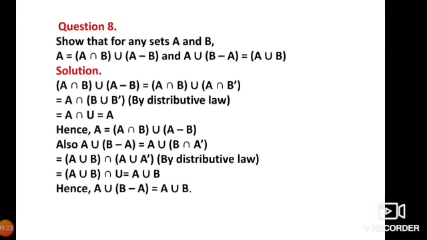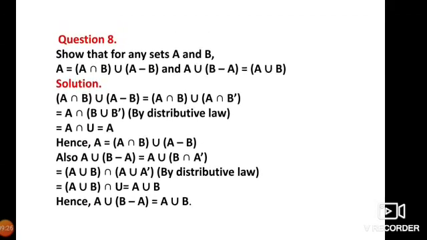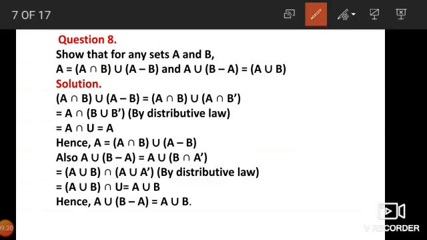Now show that for any sets A and B, A equal to A intersection B union A minus B, and A union B minus A equal to A union B. For A intersection B union A minus B, see here A minus B is also equal to A intersection B dash.